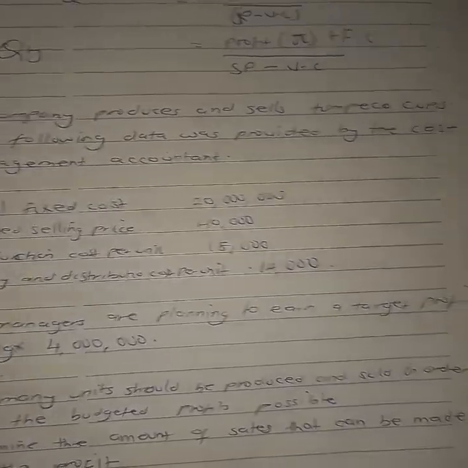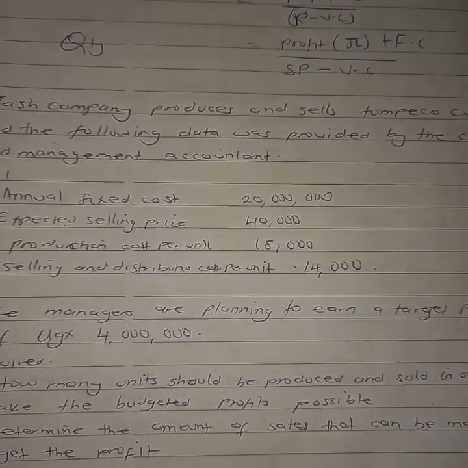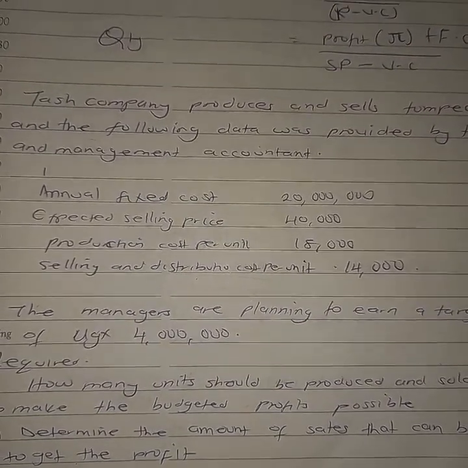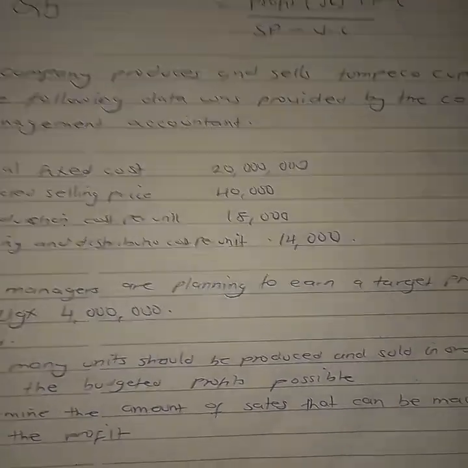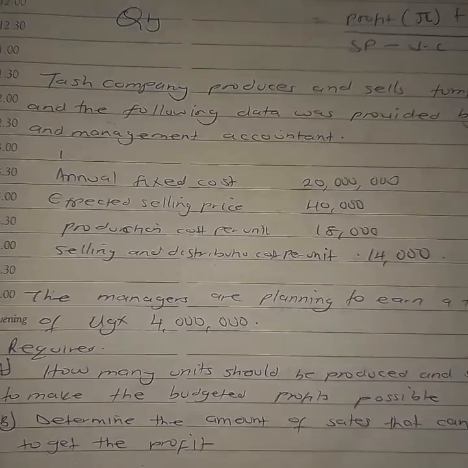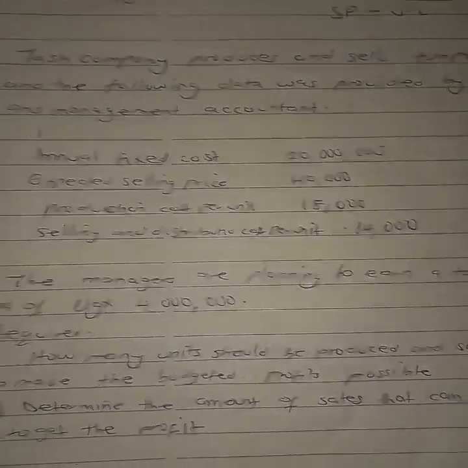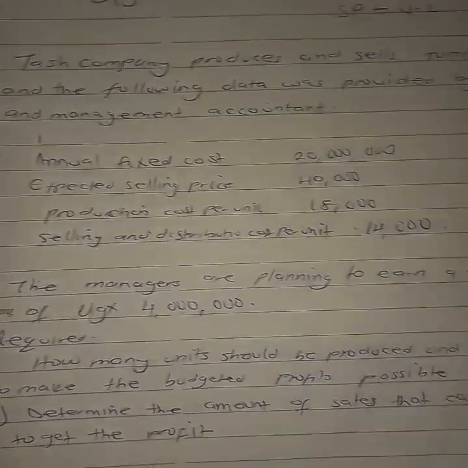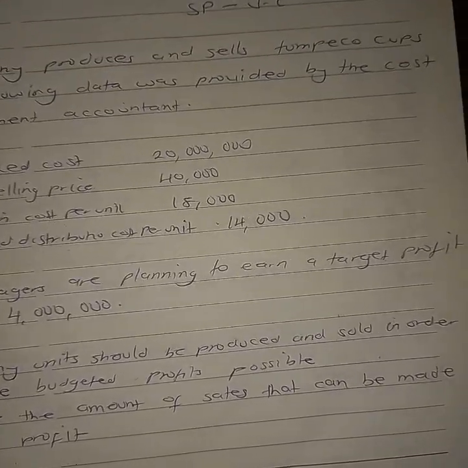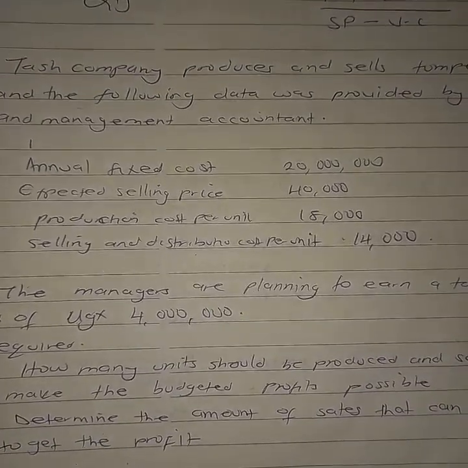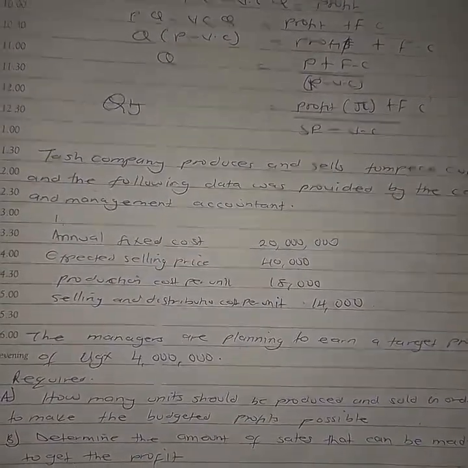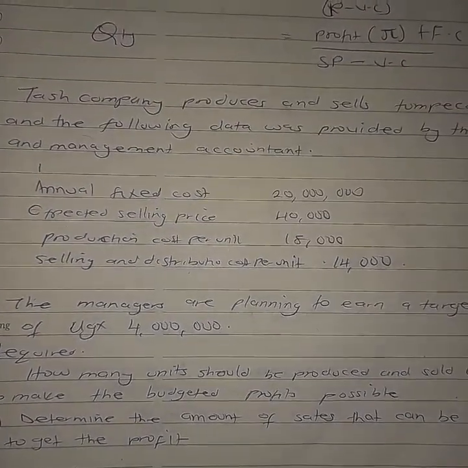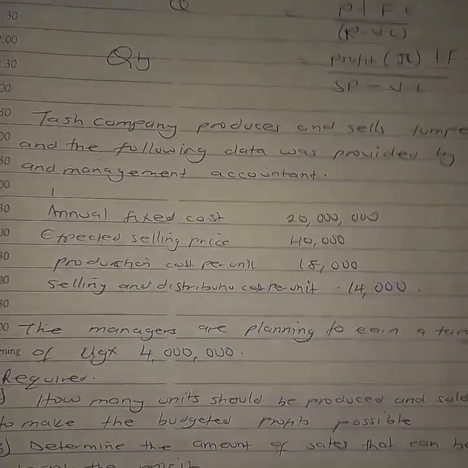The managers are planning to earn a target profit of 4 millions. Required: how many units should be produced and sold in order to make the budgeted profits possible? Part B, determine the amount of sales that can be made to get the profit. So that's our question, and we'll get to know how it can be done.